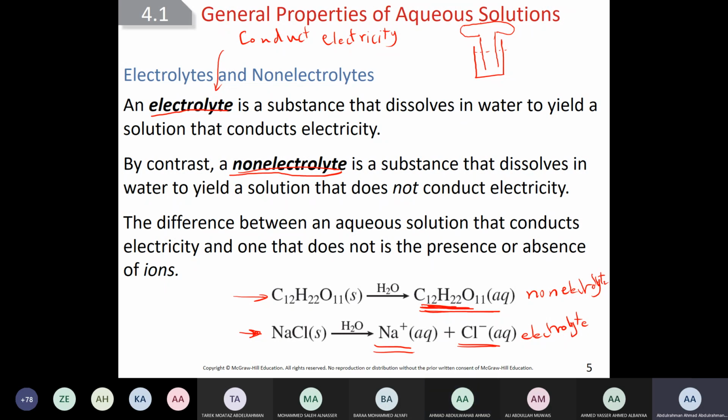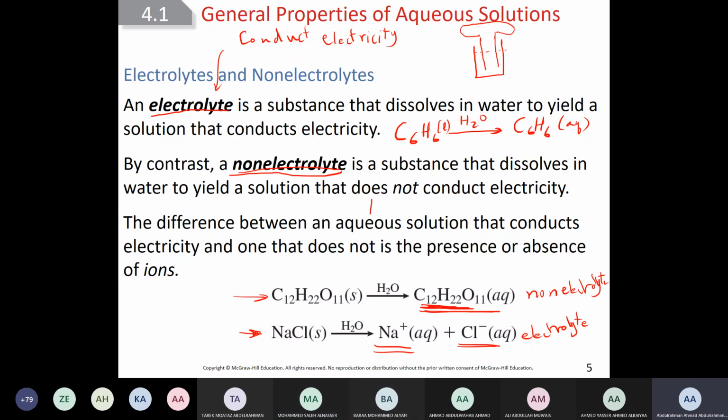Okay? How about if I dissolve C6H6 in water? Non-electrolyte. It was liquid here. Now it is aqueous. Is this electrolyte or non-electrolyte? None.